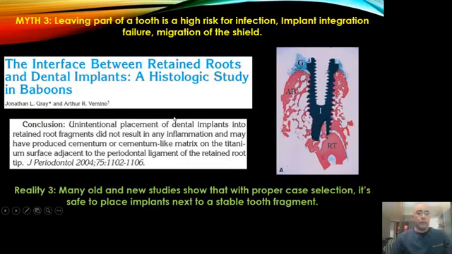neighboring a root there. Gray himself, another animal study, talking about the interference between retained roots and dental implants, and it's also a histology study, showing that the unintentional placement of dental implants did not result in any inflammation and may have produced cementum or cementum-like matrix.